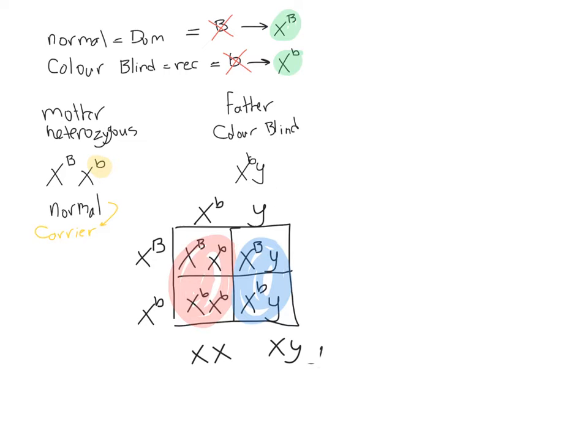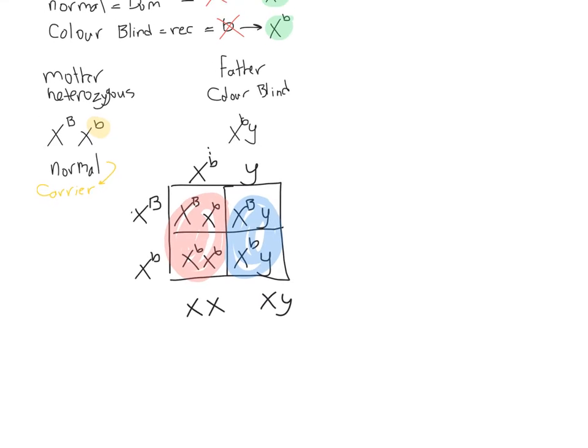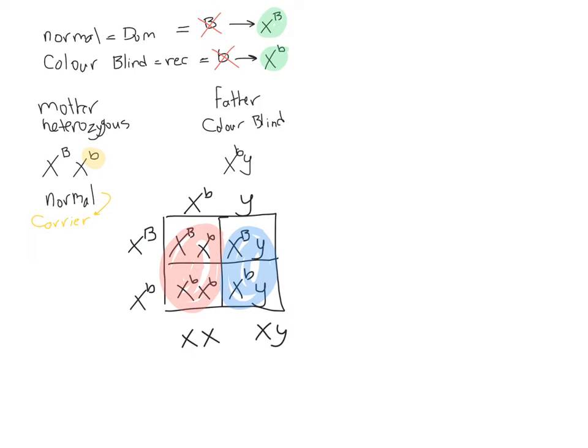The other thing you should notice is whether or not they are colorblind. So I want you to go through this Punnett square and identify any that are colorblind. Pause the video if you need to. Now, I'm going to go through and do that. Anyone who is colorblind has all X's with the lowercase b. So this individual is colorblind because they have two lowercase b's, it's recessive, on their X chromosomes.